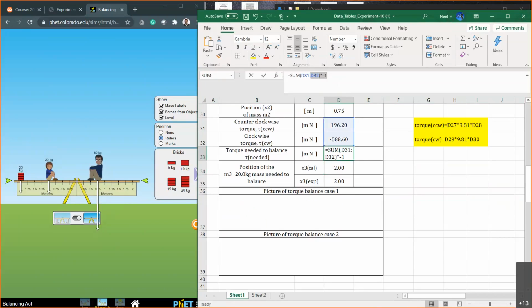So the torque balance, that's the torque needed, and the calculated value by using the mass m, that is the position x3 of mass m3. All right, any question?